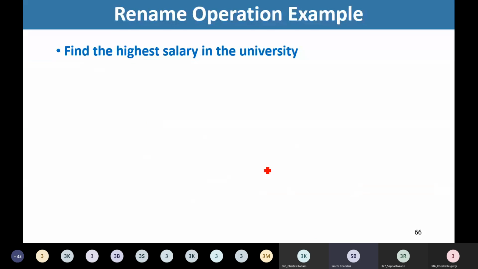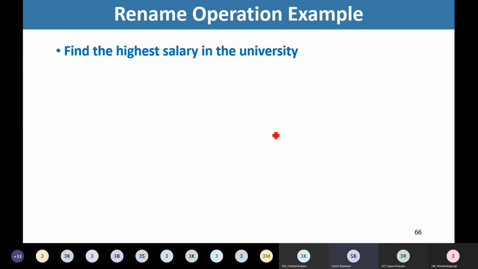Now let us try to see one example. Once again we are referring to our university schema, and what we want is to find out the highest salary in the university. Refer to your schema now and please tell me which table or which relation from the schema we need to use.